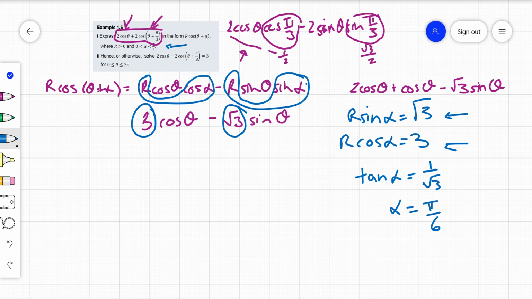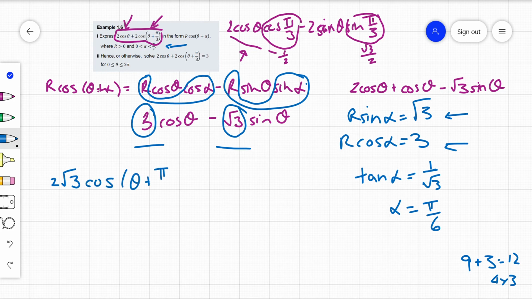So we've got here 3 and root 3. If I square those, I get a 9 and a 3, which is a 12. The square root of 12 is, because 12 is 4 3s, 2 root 3. So I know straight away I'm dealing with 2 root 3 cos(theta + alpha), where alpha is pi on 6.